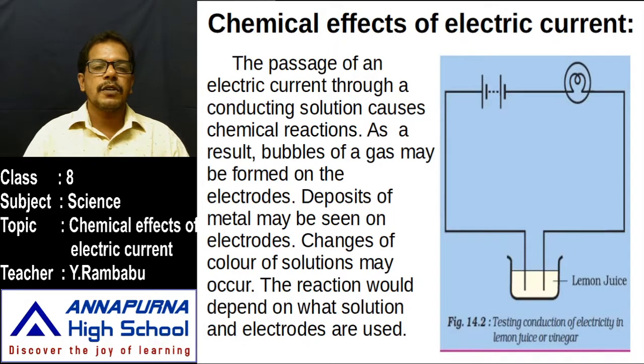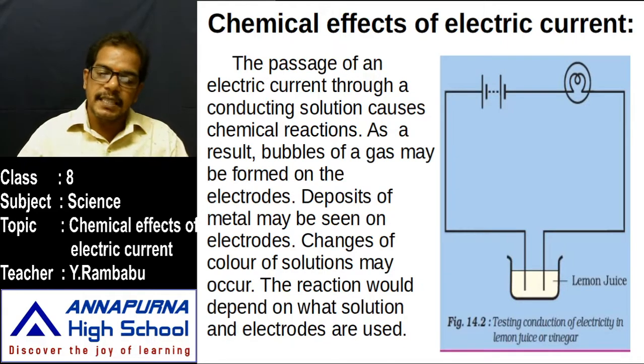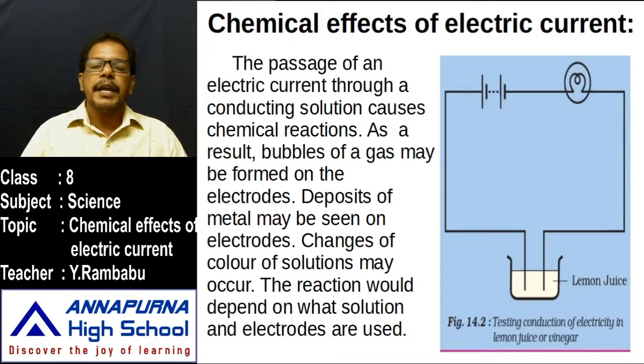Then what are the evidences to show that a chemical reaction takes place? If you observe a formation of bubbles near the electrodes, or a metal is deposited on one of the electrodes, or the color of the solution changes, any one of these three means a chemical reaction has happened. Is any one of these observed? Yes, compulsorily any one of these is observed when electricity passes through a chemical.